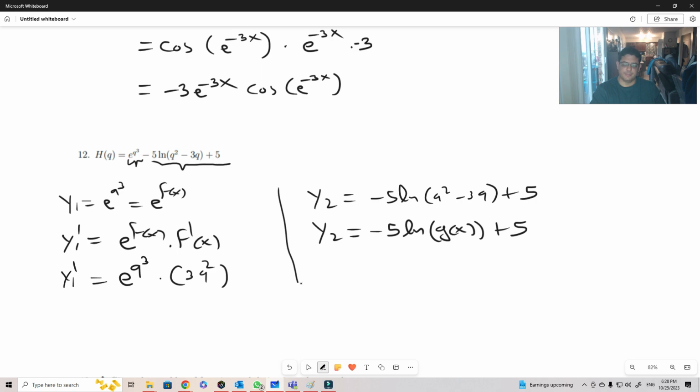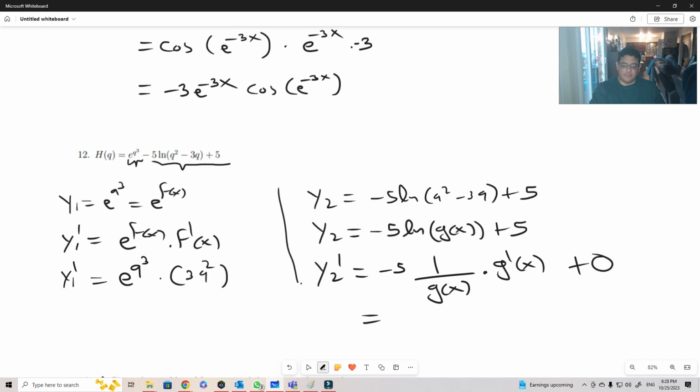And so now if I take the derivative, it is a simple derivative, and this is just minus 5. The derivative of the log of g of x will be 1 over g, but I have to multiply by the derivative of g, and the derivative of 5 is 0.